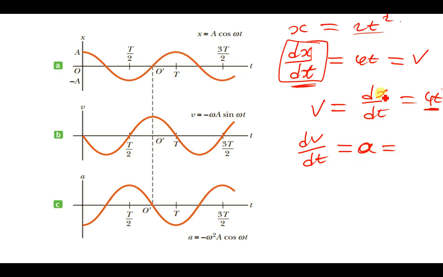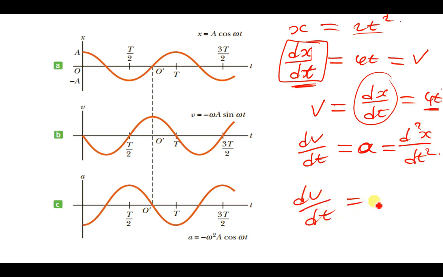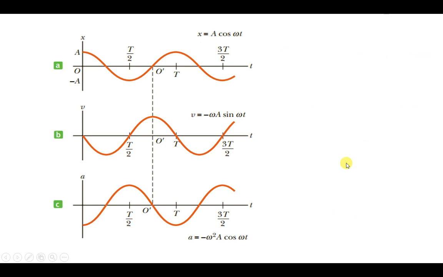This one is the second derivative of that, meaning we're going to find d2x dt2. So d2x dt2 is simply the acceleration. So dv dt is simply equal to the acceleration, in other words. So these are very important things to note before we start deriving this.